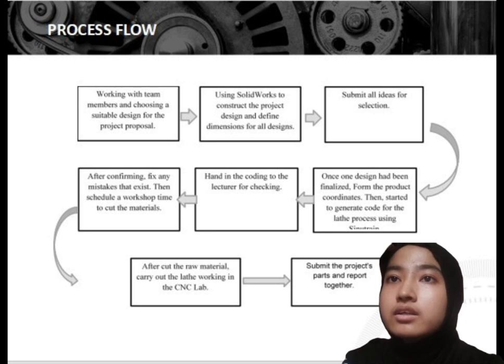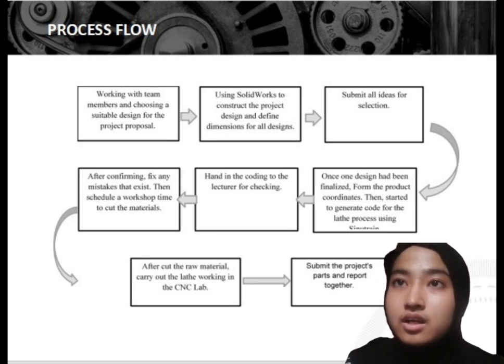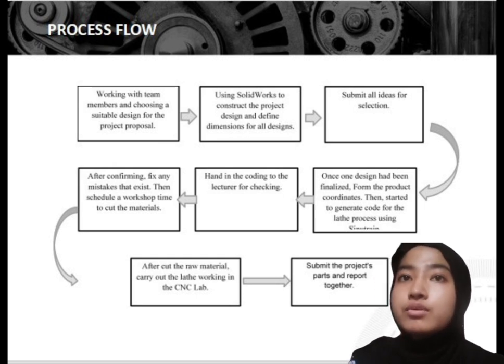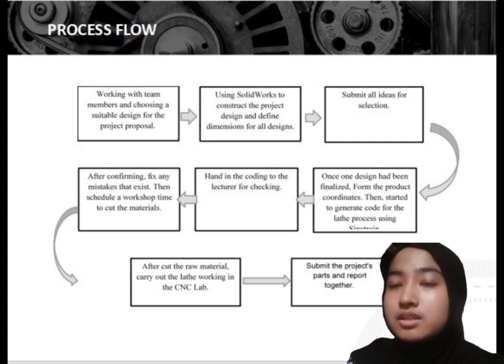Number 4 is, once one design has been finalized, from the product coordinates, start to generate code for the LATHE process using Sinutrain. Hand in the coding to the lecturer for checking. After confirming, fix any mistakes that exist, then schedule a workshop time to cut the materials.